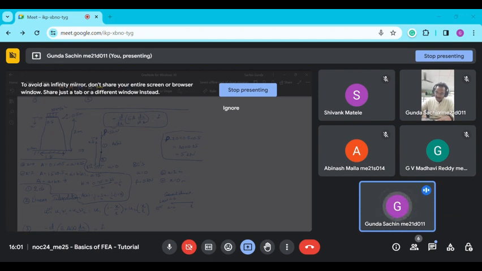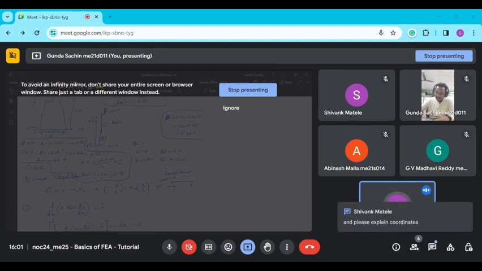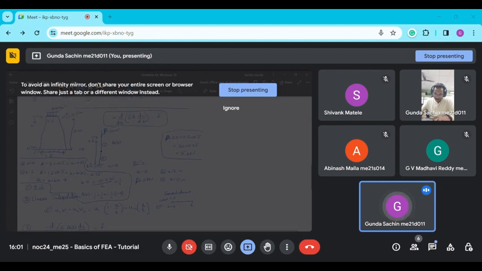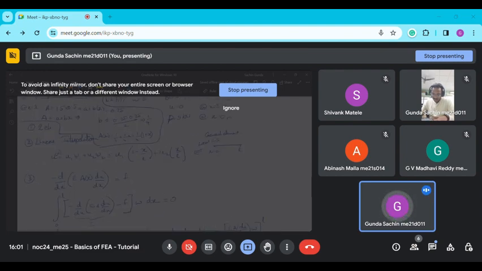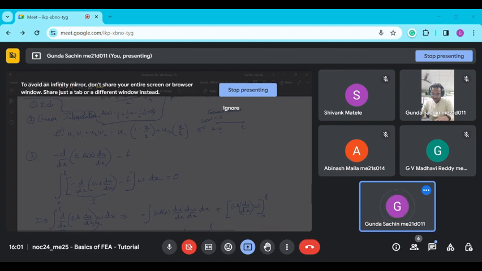I'll just recap. This is the problem. We have simplified it into 1D, and then we have the governing differential equation, and we found out that the boundary conditions are u equals 0 at the bottom and force 5 kilonewton at the top. And then we found the area variation, which is 1 by 4 times (1 plus x).